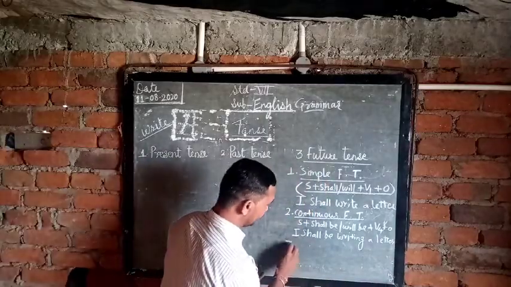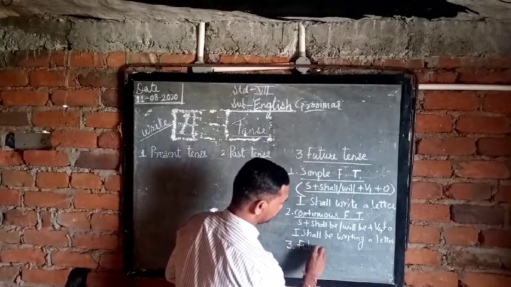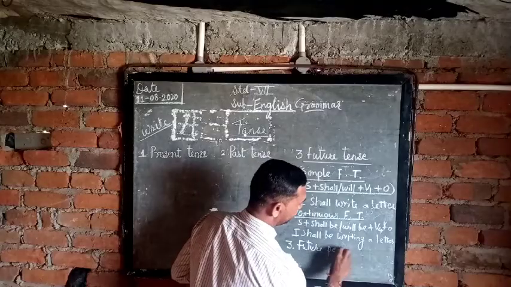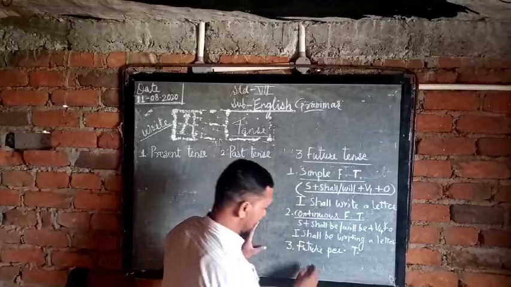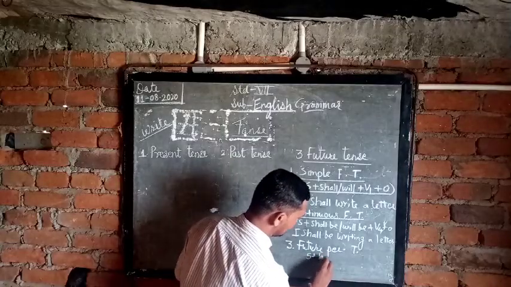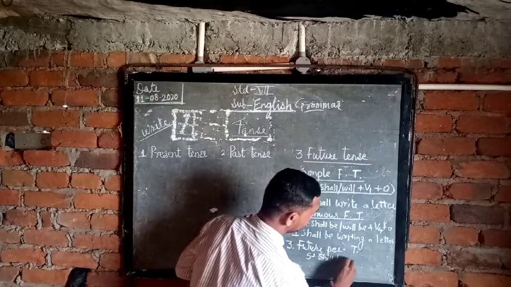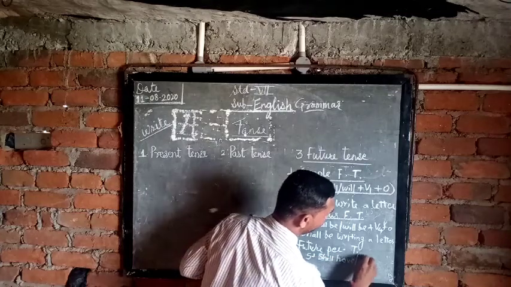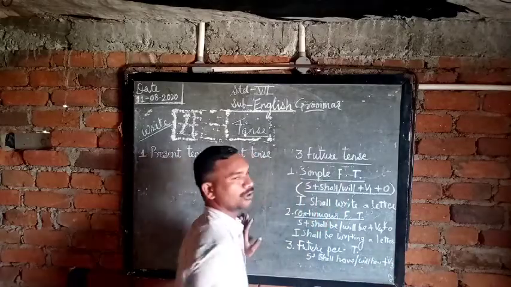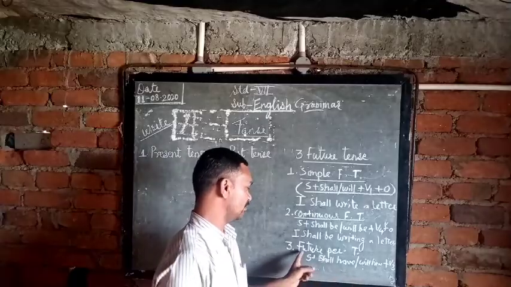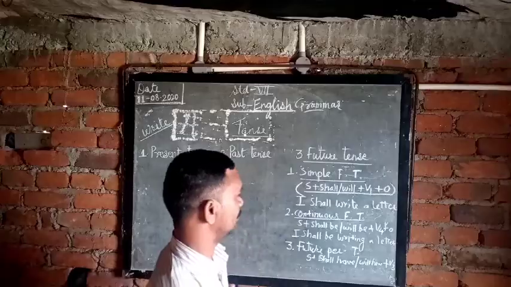Now the third one is future perfect tense. The formula of the future perfect tense is subject plus shall have, will have, plus V3 plus object. It means in future perfect tense we use the third form of the verb.